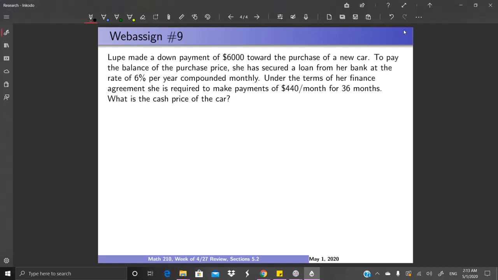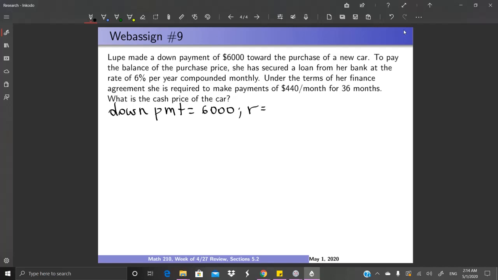To pay the balance of the purchase price, she has secured a loan from her bank at the rate of 6% per year compounded monthly. So already, I know that the down payment equals 6,000. What else do I know?